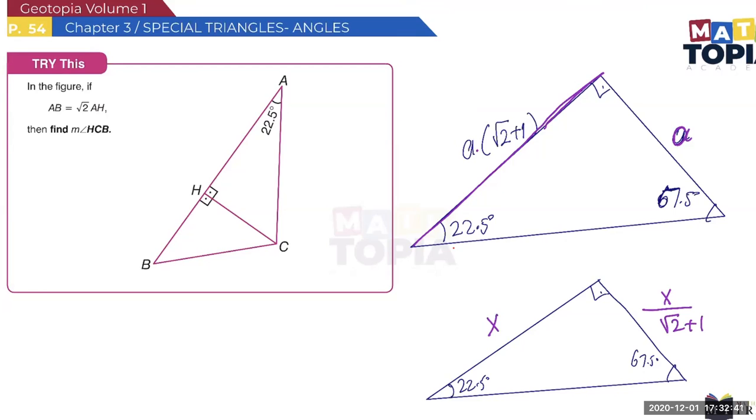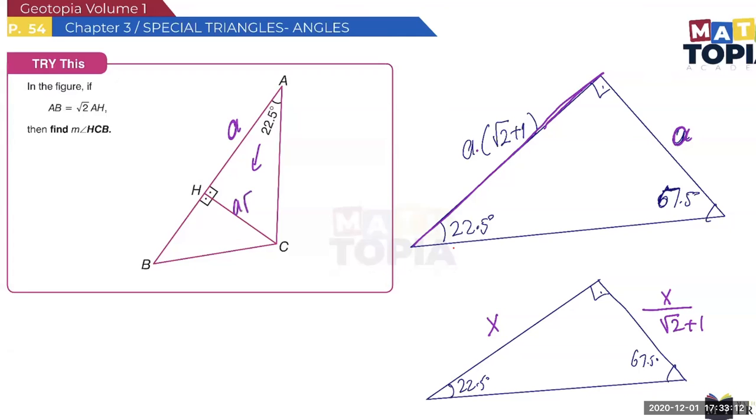Okay, let's focus on this given information so far. AB, AH, that's interesting. If I say this one is A, then what is the value of this guy?